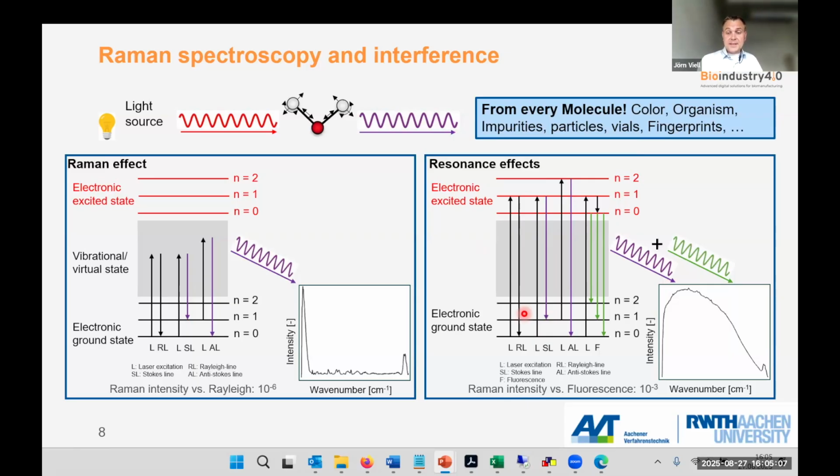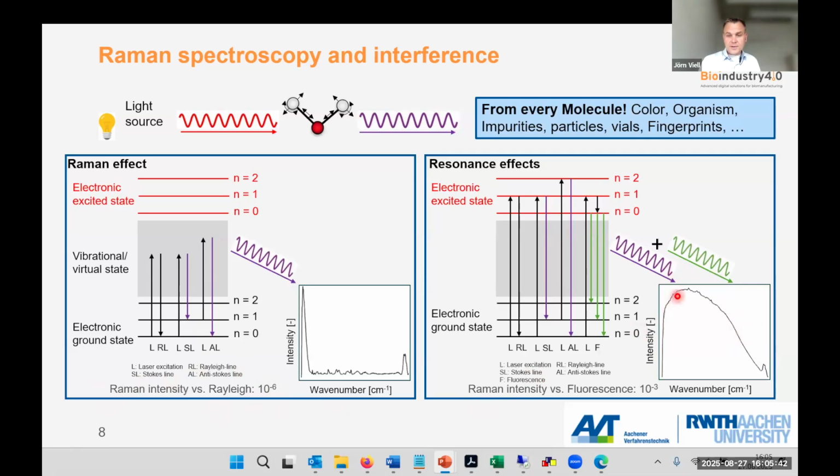Fluorescence is three orders of magnitude larger than Raman signals. And since we are talking about something that is very, very faint, Raman scattering being one million times smaller than the Rayleigh scattering we see from common surfaces, we know that fluorescence easily will be larger than any Raman signal.